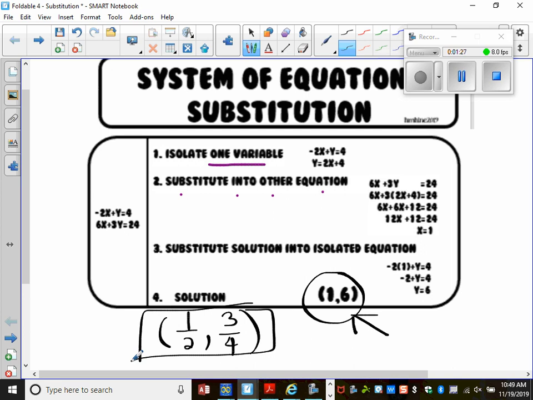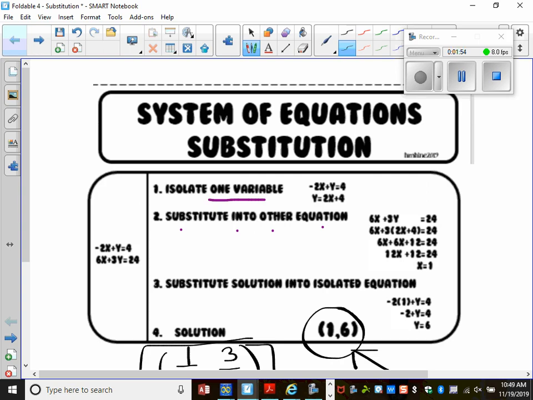So with the substitution method, you can get exact answers, whether they're fractions or integers. You will get the exact location where the two lines intersect. You can't do that with the graphing method, because if they don't intersect right at integers, you can't read halves and thirds and fourths and fifths and everything else from a graph.